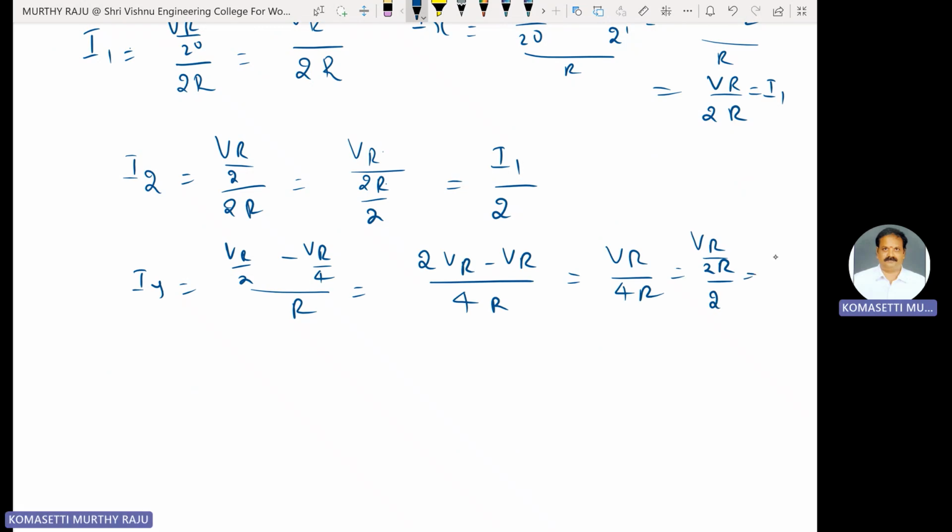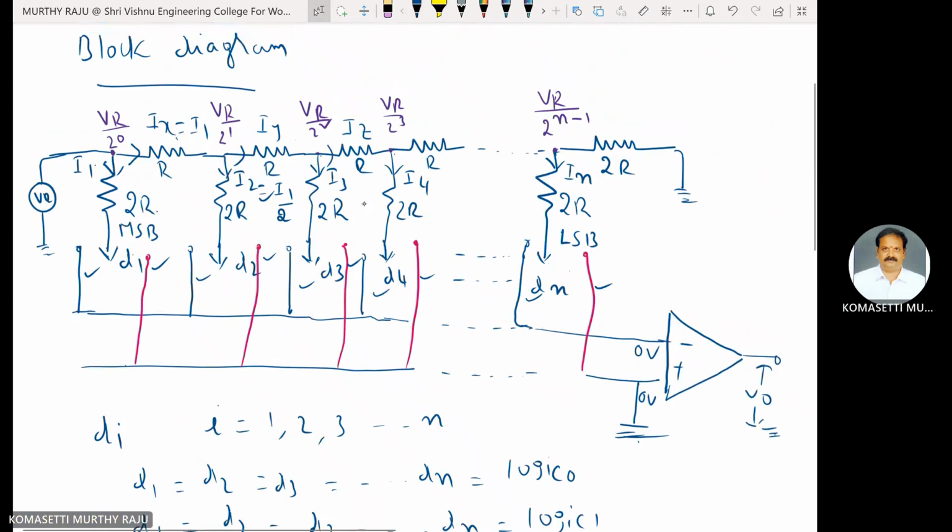VR by 2R is I1, so Iy is equal to I1 by 2. Therefore, I1 is split equally at this node into I1 by 2 and I1 by 2. Therefore, I1 is equal to I1 by 2 plus I1 by 2.